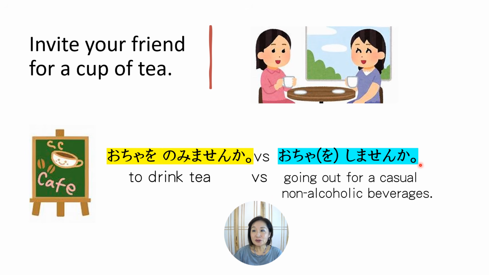It's often used to invite someone to hang out or have a relaxed chat over any non-alcoholic drink. On the other hand, if you say お茶を飲みませんか? Shall we drink tea? It's likely that you are offering someone a cup of tea that's being served at that moment, rather than suggesting a casual outing.